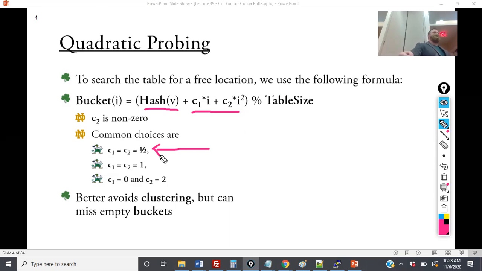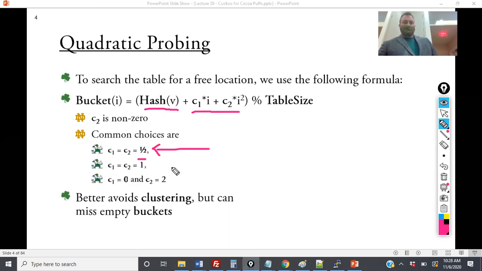So we start out with the iteration at 0, and that just gives the hash function. Then we have the result of that hash function, and we add to it C1 times i plus C2 times i squared.